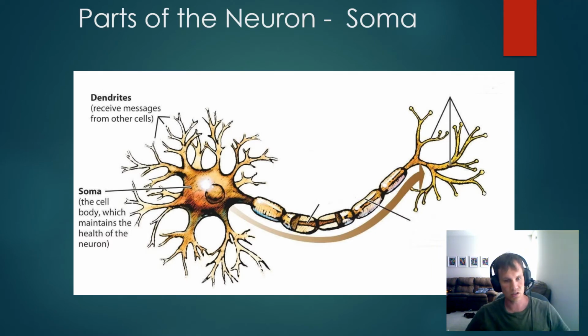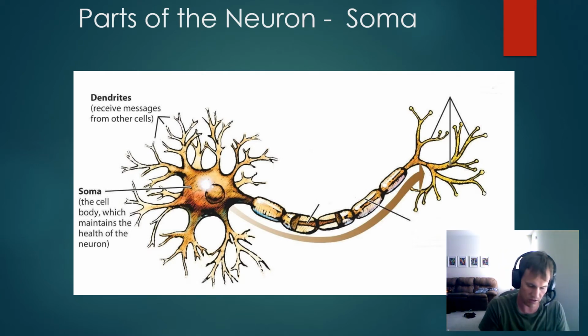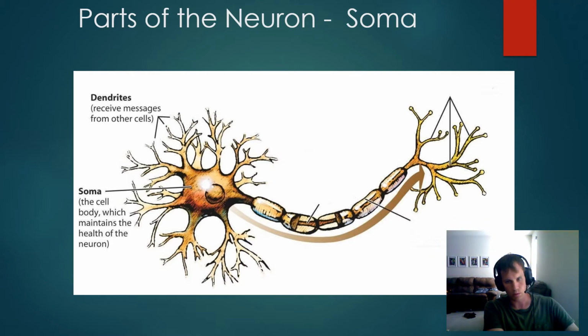Then it goes through the soma, which is the body of the cell. So you've got your nucleus and all the other parts of the cell that you've learned about in biology class.